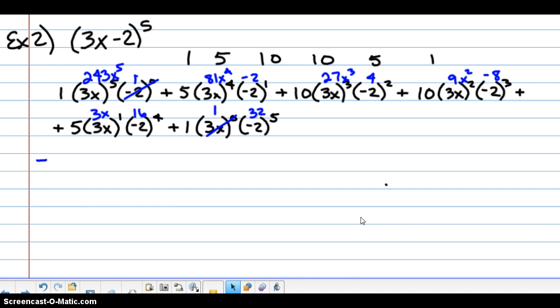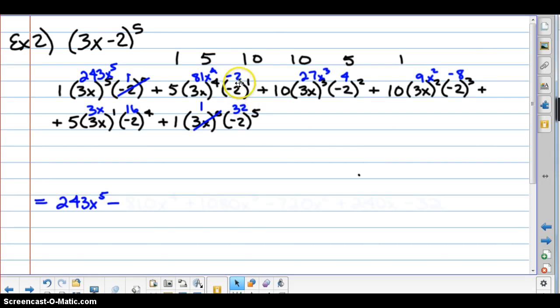So, our final answer is 1 times 243 times 1, and then times x to the 5th. So 243x to the 5th. I'll have a negative 2 times 81 times 5, which will give me negative 810x to the 4th.